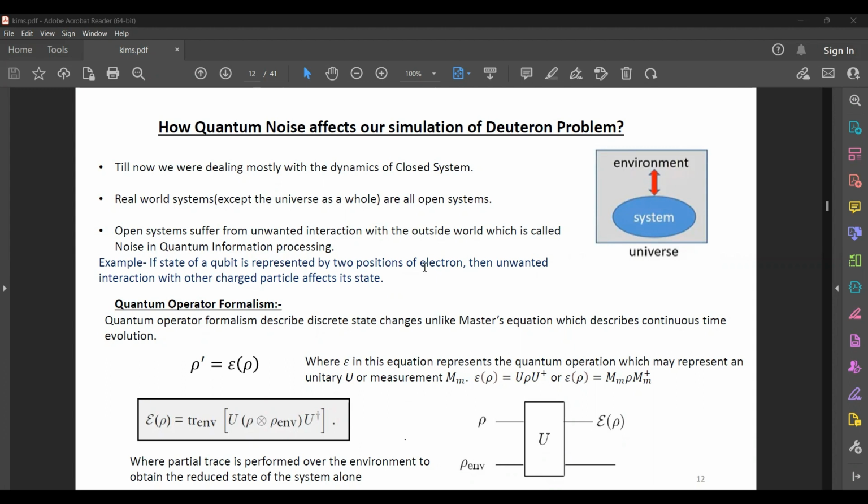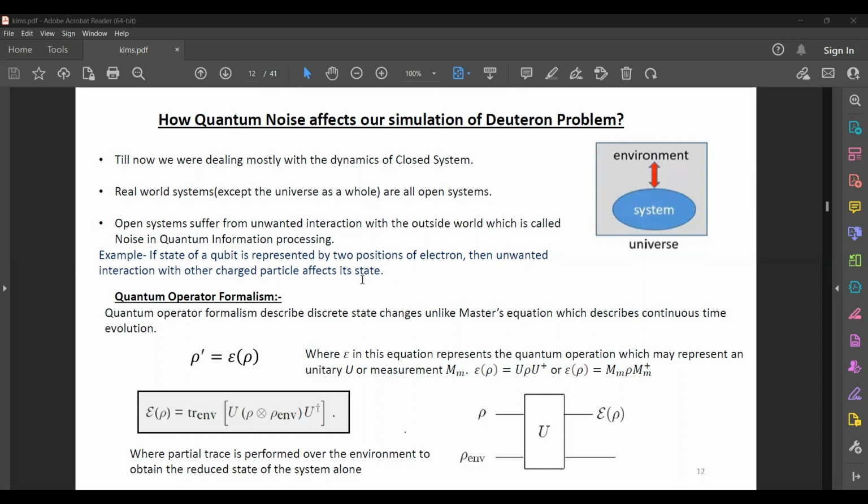That will change the state of the qubit, and we might not want that to happen, because for a sufficient amount of time we want our qubit to be in a stable state. If our state is changing, that means there will be some error in our simulation. So I wanted to see how that is taking place.